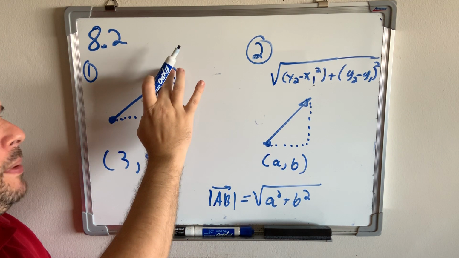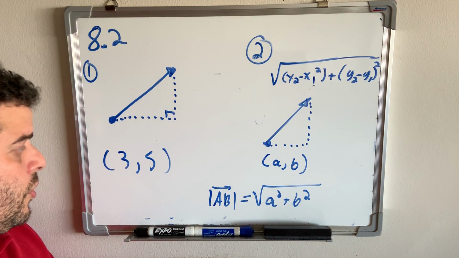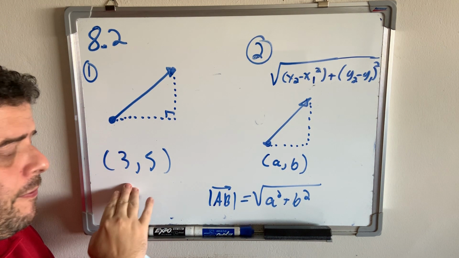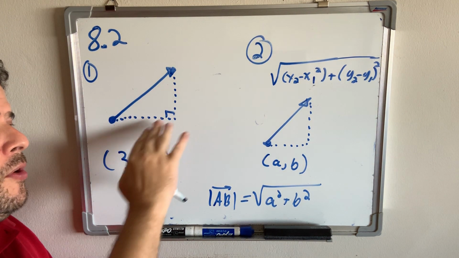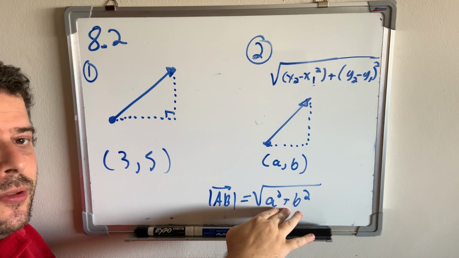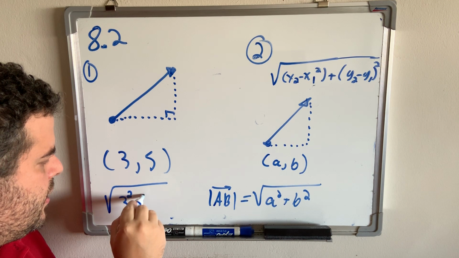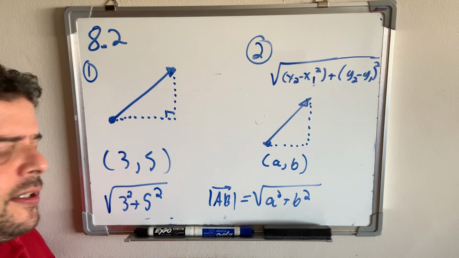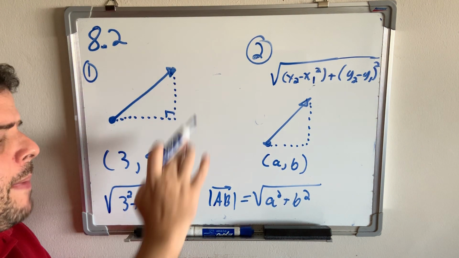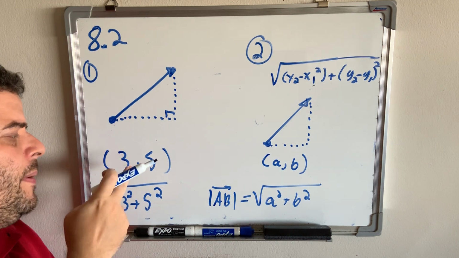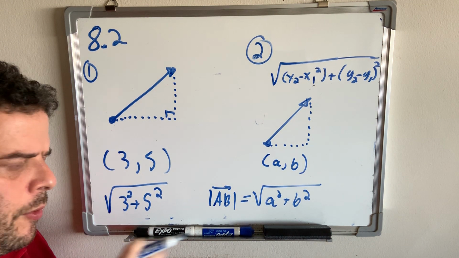And would this not be the hypotenuse? So if they give you the component form, all you have to do is use the Pythagorean theorem to find the hypotenuse: a squared plus b squared, and the square root of that. That's going to be your magnitude. So that's what happens when they give you component form.